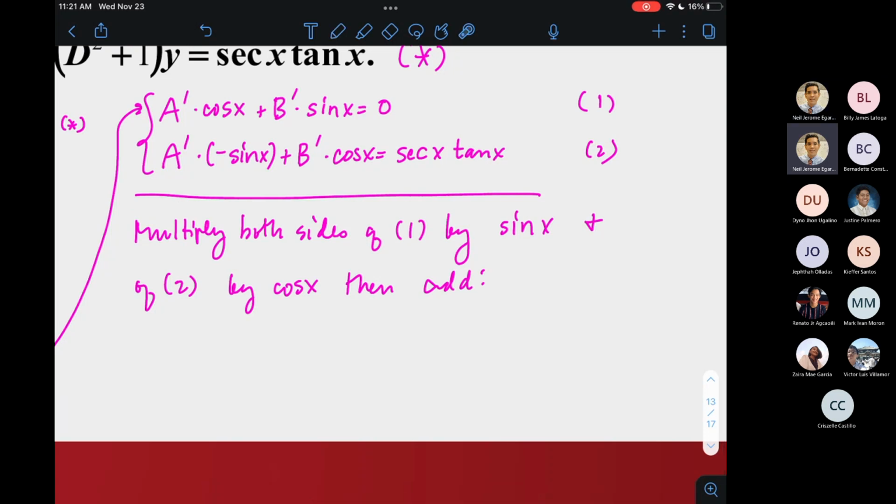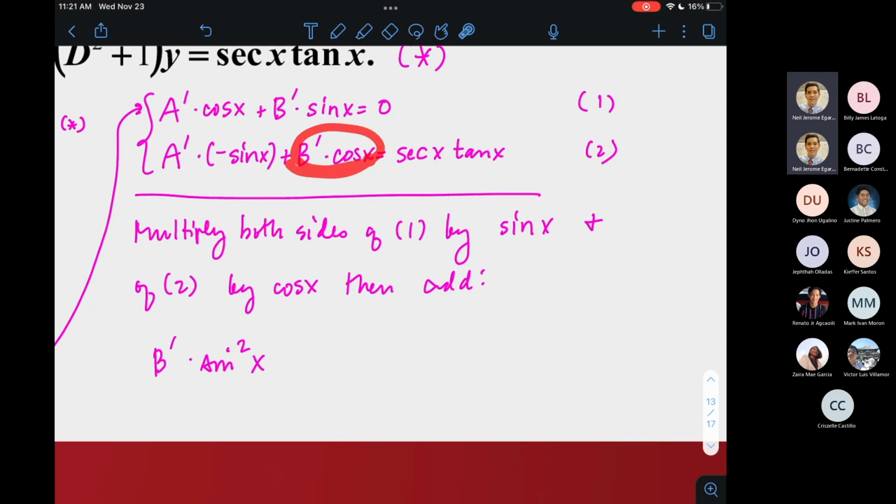So the first equation multiplied by sine gives us b prime times sine squared x.